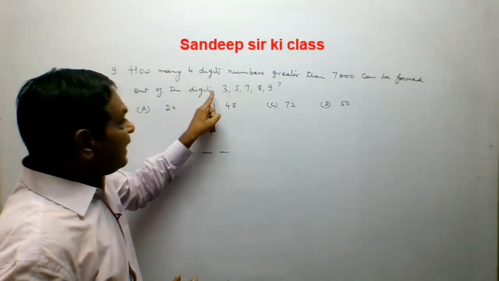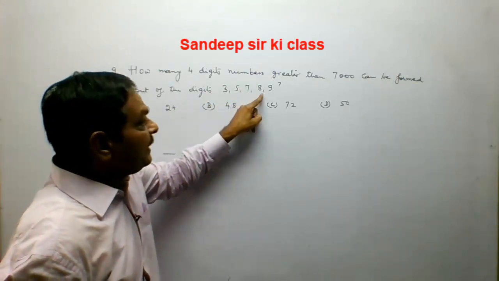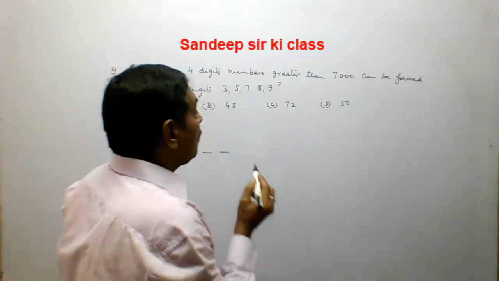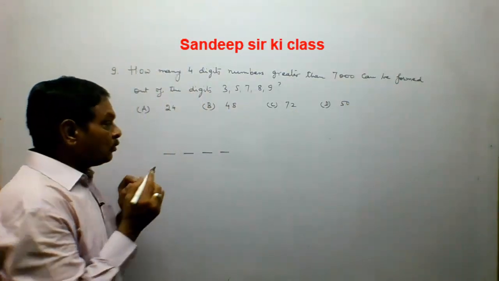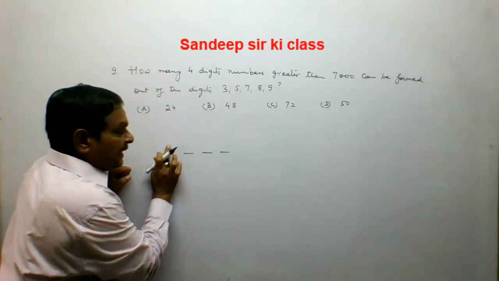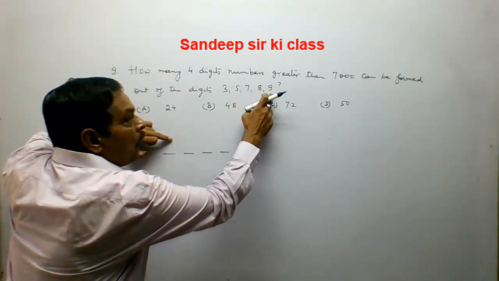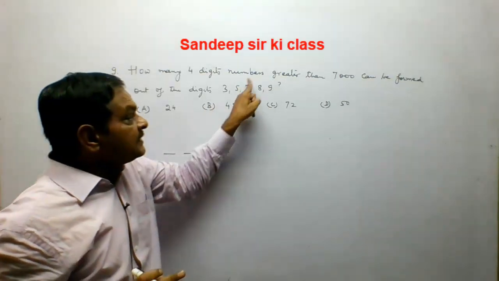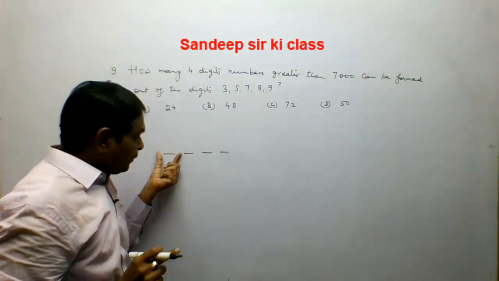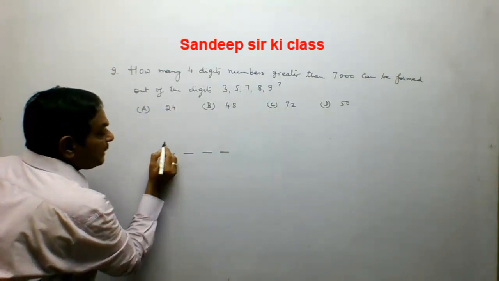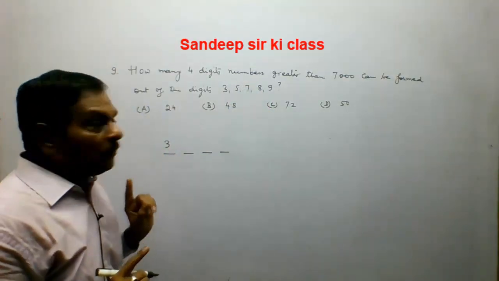Now the digits available are 3, 5, 7, 8, 9. Number should be greater than 7,000. Now for number to be greater than 7,000, the first place can have either 7 or 8 or 9. These 3 digits will be there at first place because the number is more than 7,000. So first place can be filled in 3 ways.